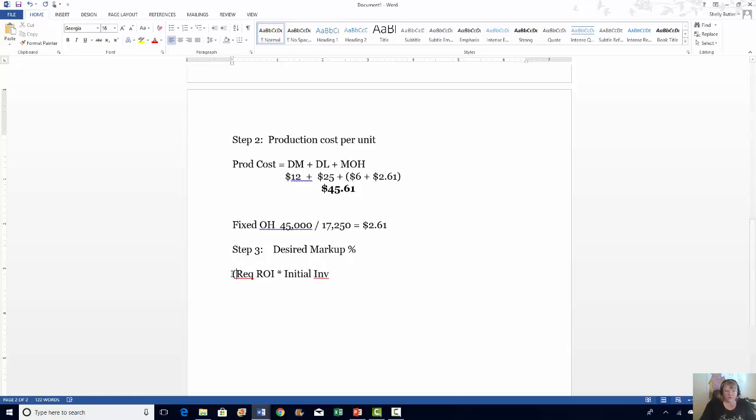Of course, this should have a parenthesis around it, plus my S&A costs, we're going to divide that by the production cost per unit multiplied by the number of units.